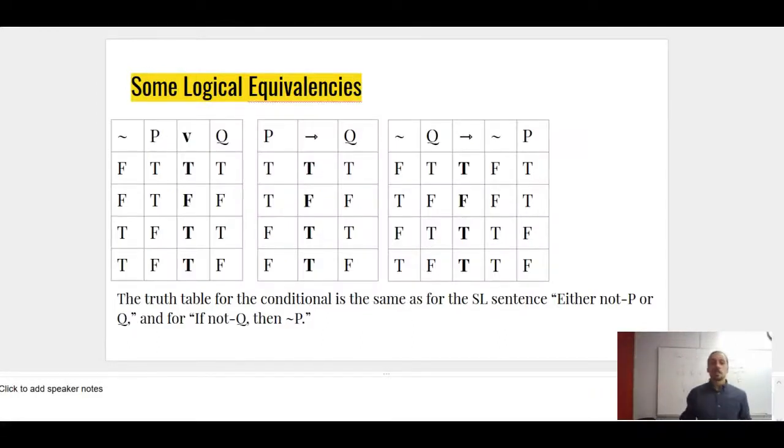Okay, here are some interesting logical equivalencies, and we're going to stop here because we're about 24 minutes deep into the video, and we have some more stuff to do. Logical equivalency, if you remember a couple of videos ago, has to do with the idea that the sentences mean the same thing. In other words, if one sentence is true, its logical equivalent will be true, or if it's false, its logical equivalent will be false.